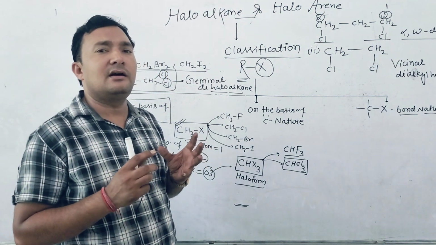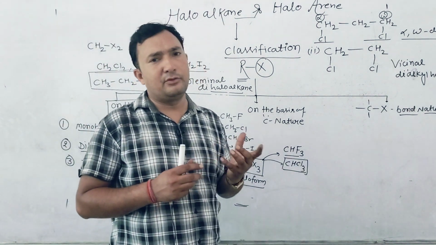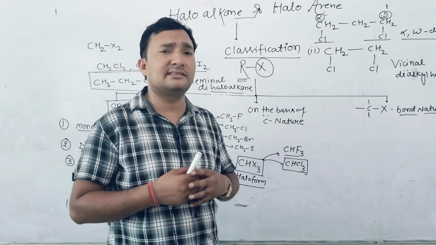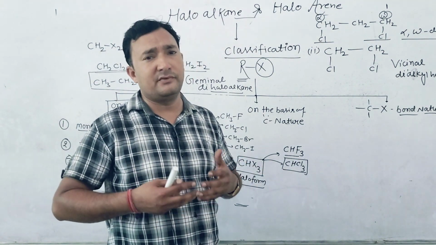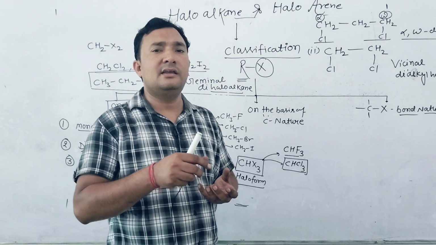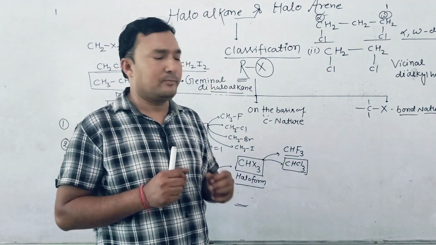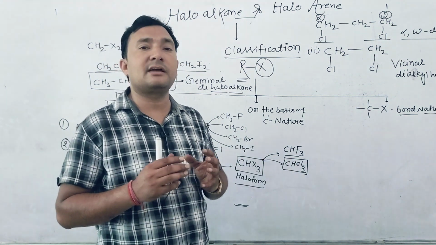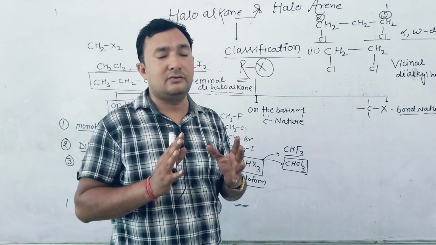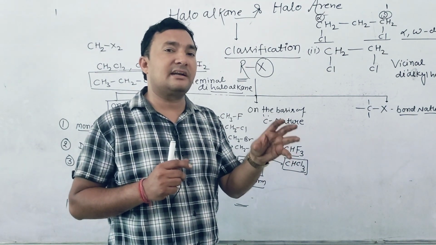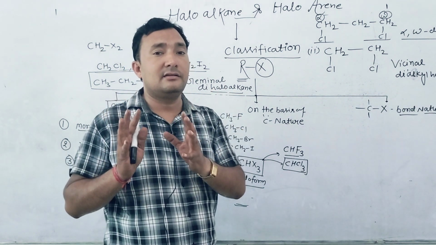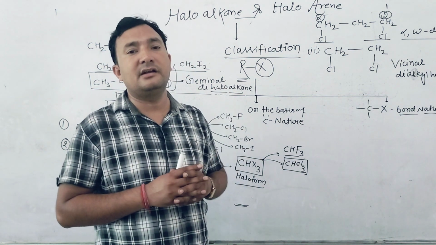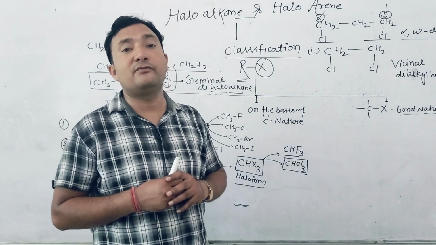Suppose that you have a bottle of chloroform and in the laboratory we are using it as a chemical. Suppose that someone, intentionally or unintentionally, has opened the cap of the chloroform bottle and it is coming in contact with air and light. What would happen? If chloroform comes directly in contact with light and air, then the oxygen in the air reacts with chloroform and turns it into a poisonous gas which is called phosgene.